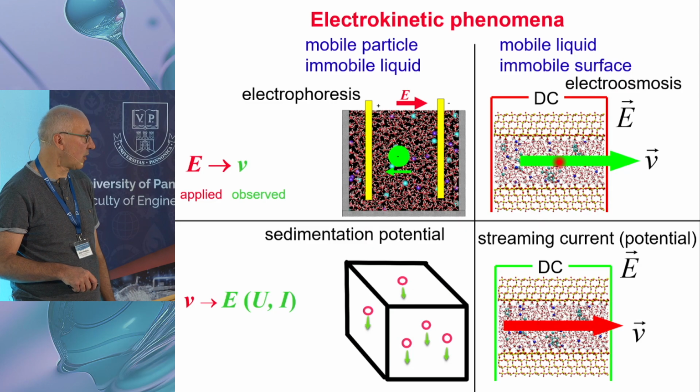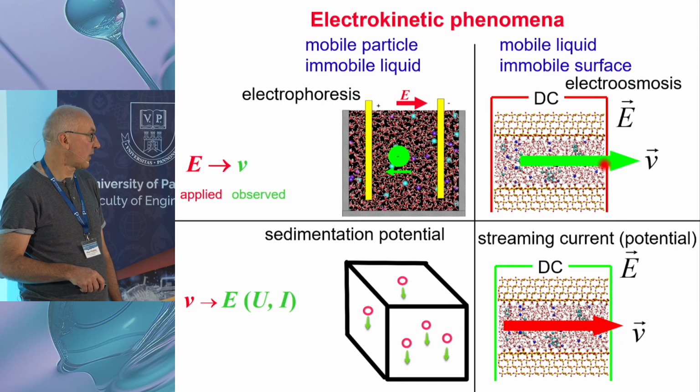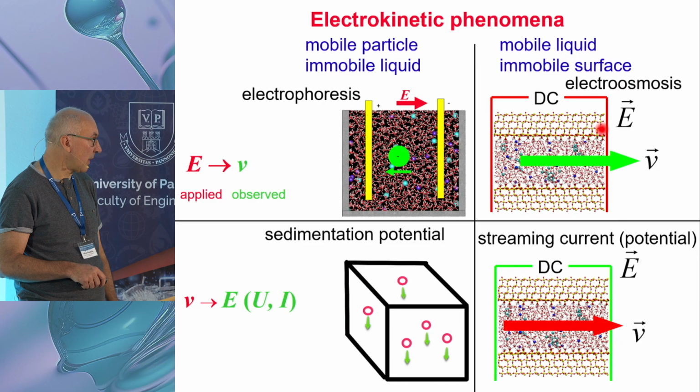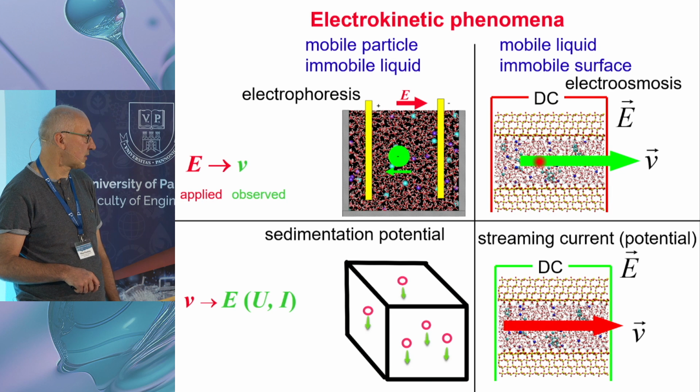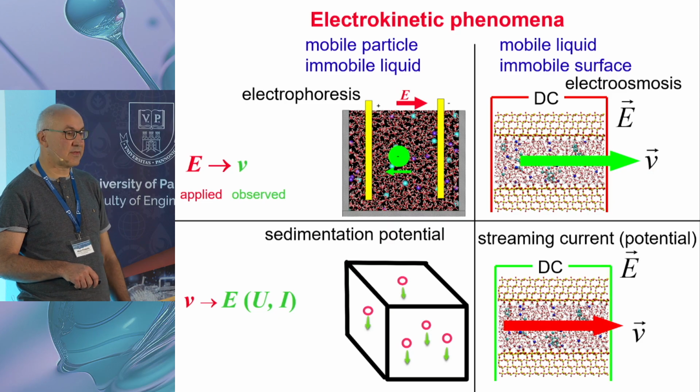So the whole liquid and the whole volume of the pore will move in a direction depending on the surface charge and the electric field. So in this case, the solid phase is immobile, and it's the liquid phase that moves, but still it's electric field induced, and you observe the velocity.